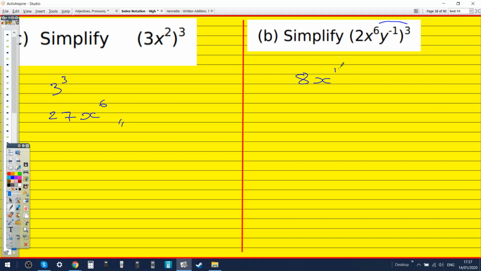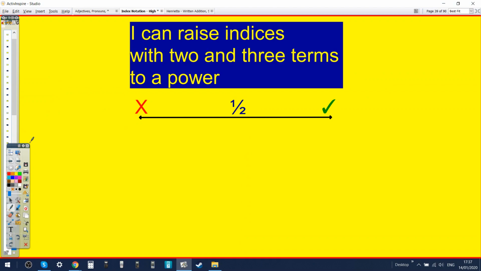Yeah. Minus 3. I mean, y minus 3. Well done. Y to the minus 3. So that one.